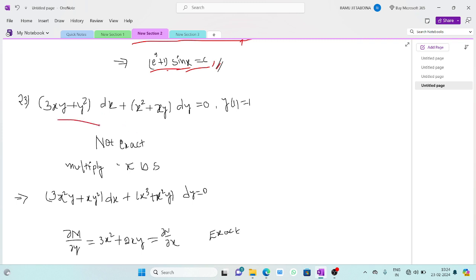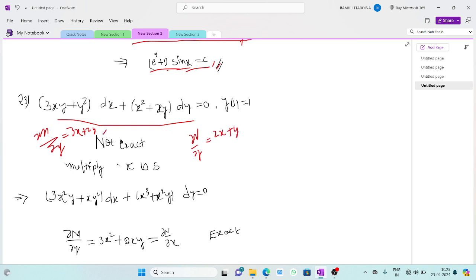So this is the given differential equation. If I do it directly, ∂M/∂y will give you 3x + 2y, and ∂N/∂x is 2x + y.